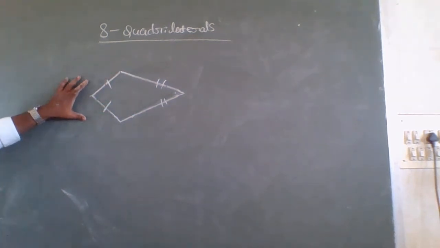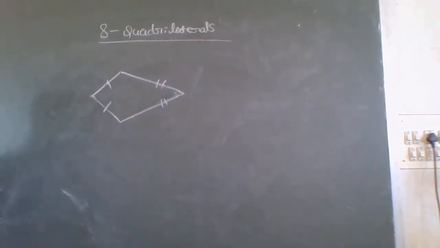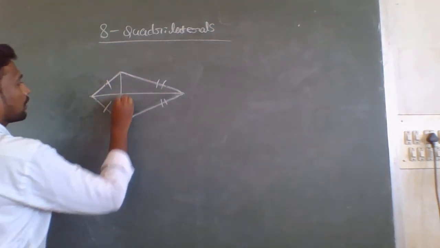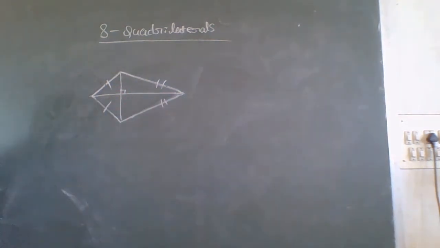So a kite has two pairs of equal consecutive sides, and the properties of a kite are that the diagonals are perpendicular to one another, and one of the diagonals bisects the other.